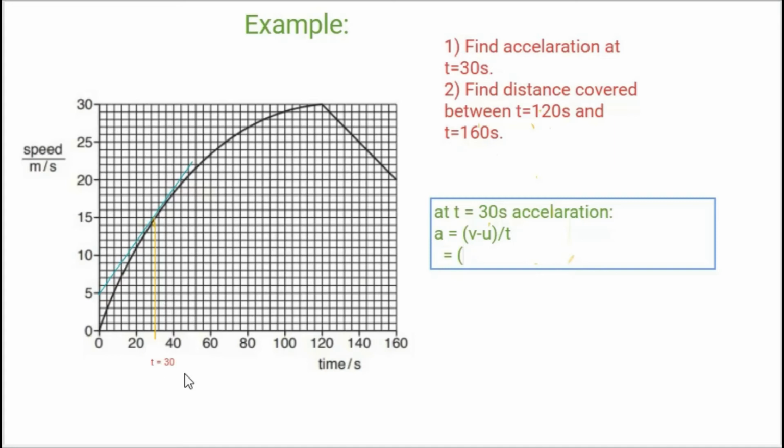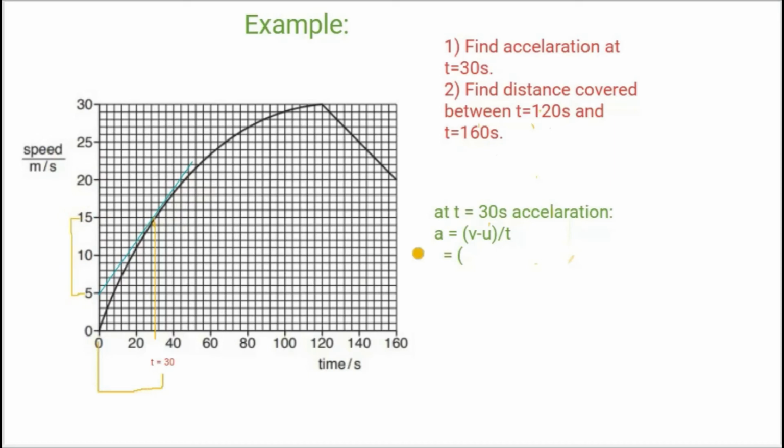If you know how to read your graphs, you start with the x coordinate and then the y coordinate. So x coordinate is 30 and y coordinate is 15. The y is representing speed, so 15 and 5 are these, and that's our t from 0 till there, and u and v are 5 and 15.